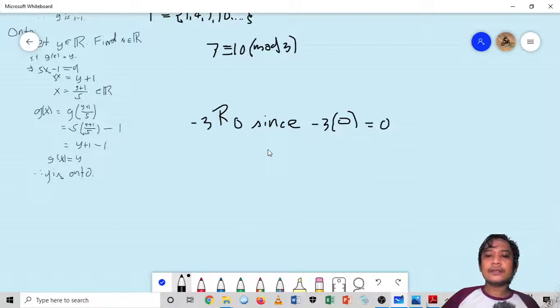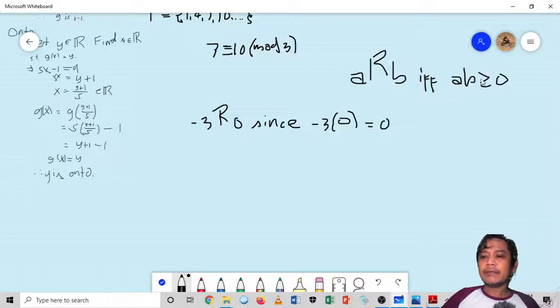Also, take note, A is related to B if and only if the product A times B is greater than or equal to 0. Meaning, if the product is greater than 0, related. If the product is 0, related. The product of these two is 0, meaning they are related.